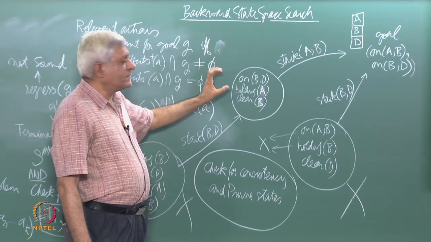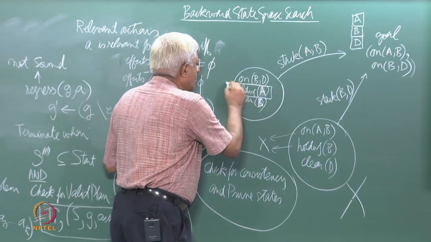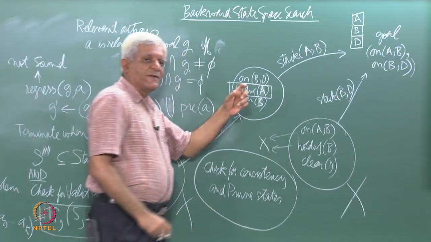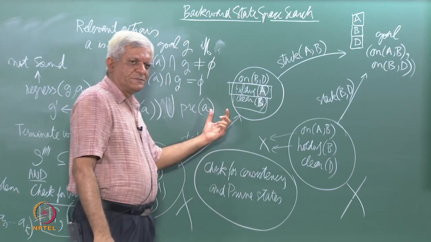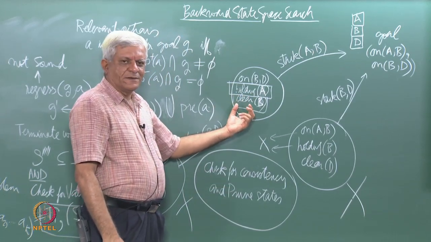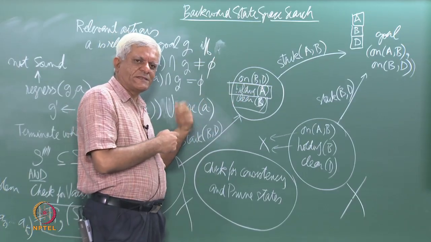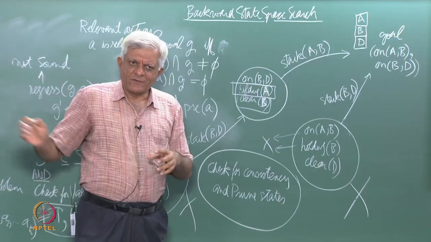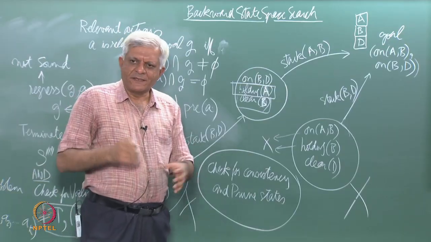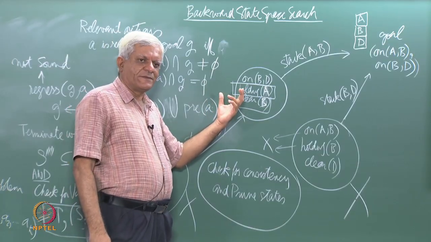The previous action must be to make clear B true. Once B is made clear and you are holding A, for that the action will be pick up A. If you look at this carefully, you have to first put A on the table and then you will have to pick up A from the table. So, the third last action would be pick up A.